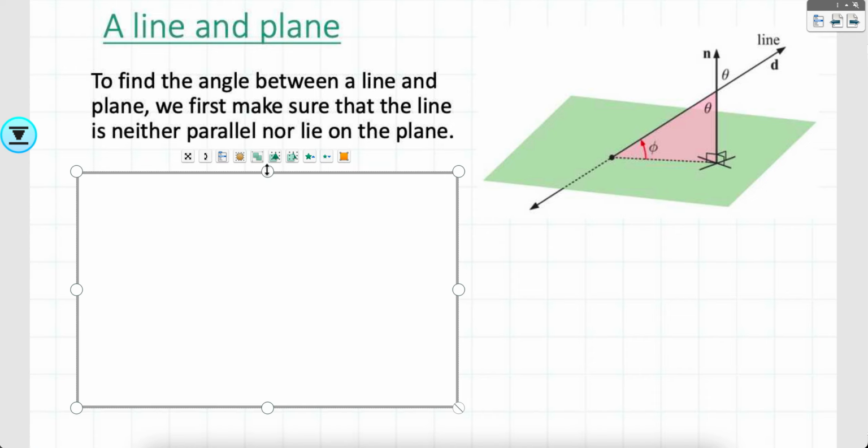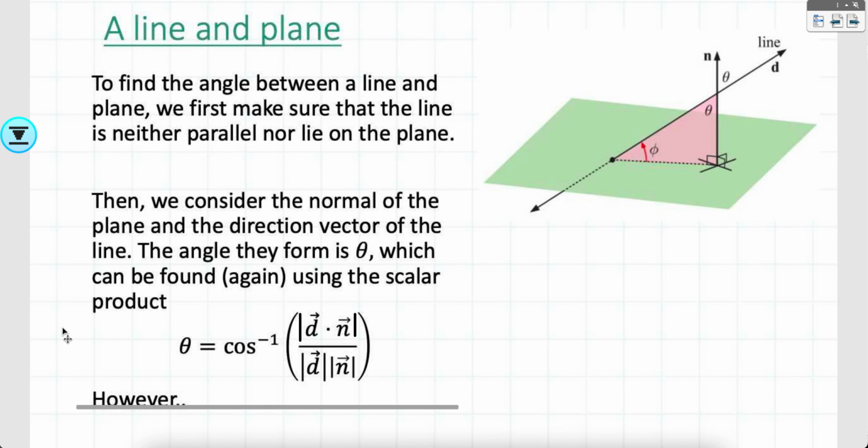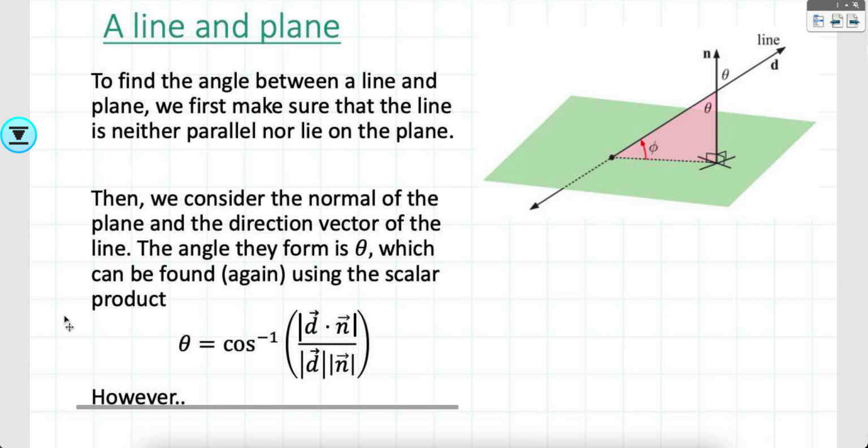So using the formula, I can use the direction vector and the normal, and that's going to give me theta. However, theta is not the angle that's between the line and the plane. It's phi that's the angle between the line and the plane. So this formula, what we've done so far, will actually give me this angle, and what I need is this angle that they have here.